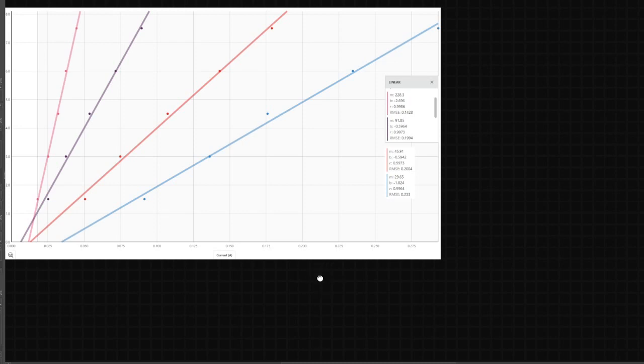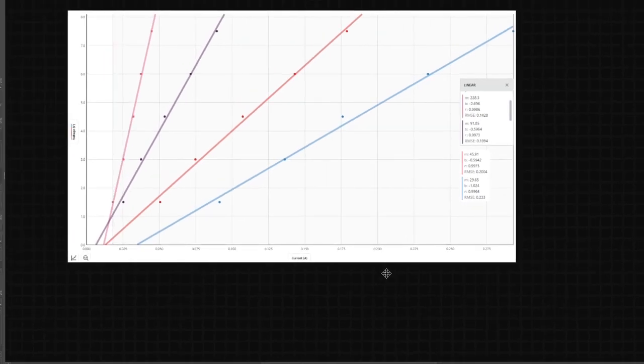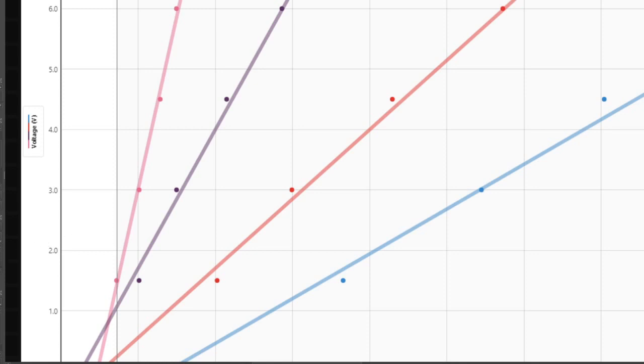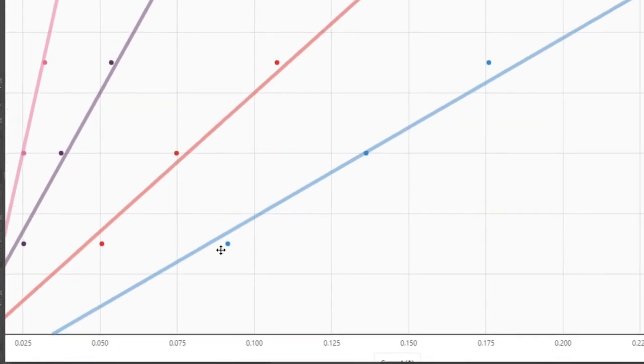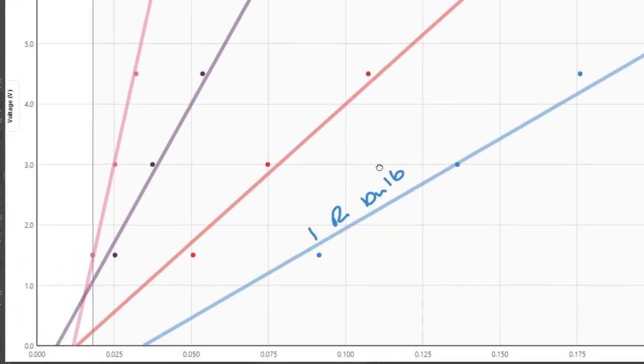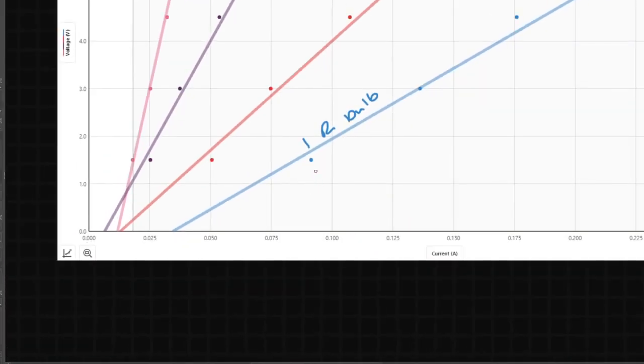So looking here we have our 4 lines, and I'm going to go ahead and mark which one is which. First off, this one right here is the line for just our 1 round bulb. You'll see it has the smallest slope, which means that for any given current, it doesn't require much voltage.